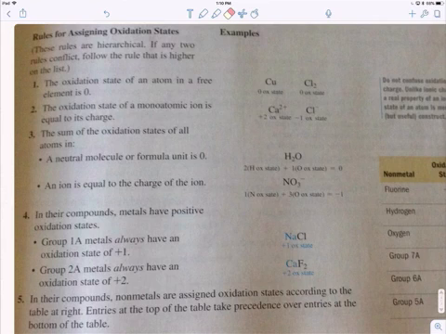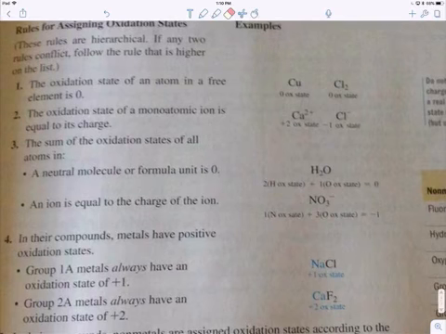It's just one way of keeping track, and it also lets you know how many electrons are around the specific elements. Now, these rules are hierarchical, which means that rule 1 is more important than rule 2 and so on. Rule 1: the oxidation state of a free element is 0.